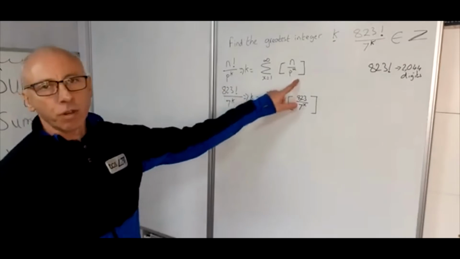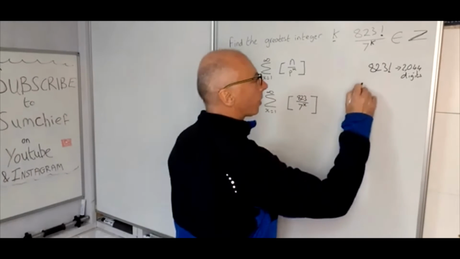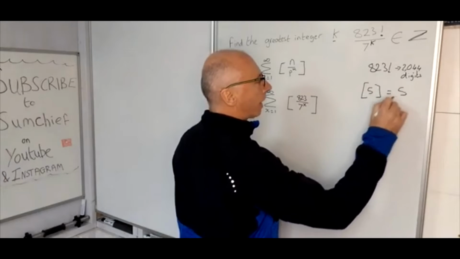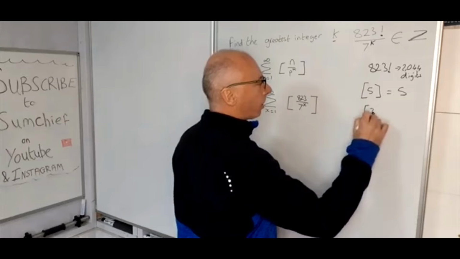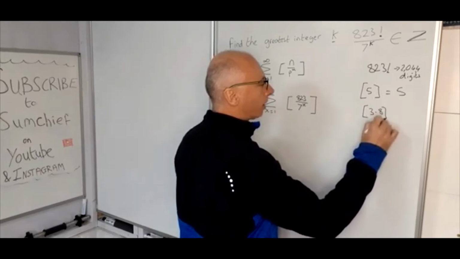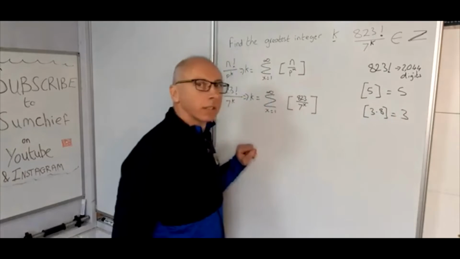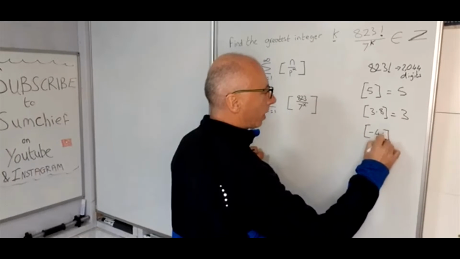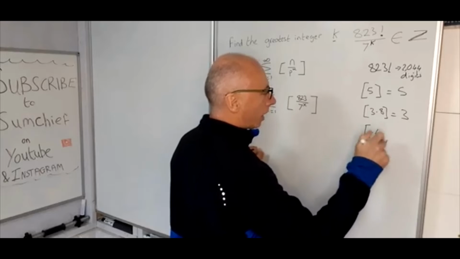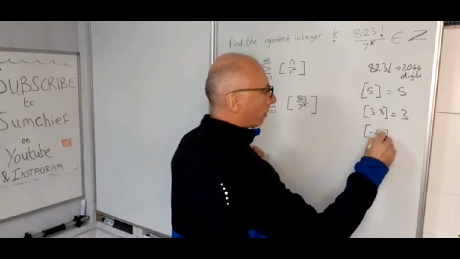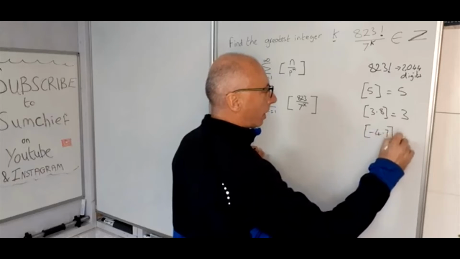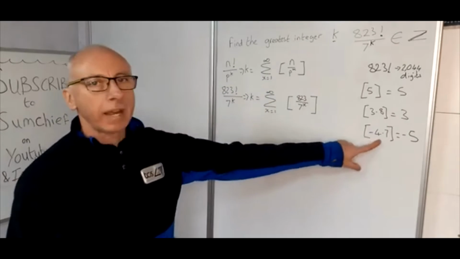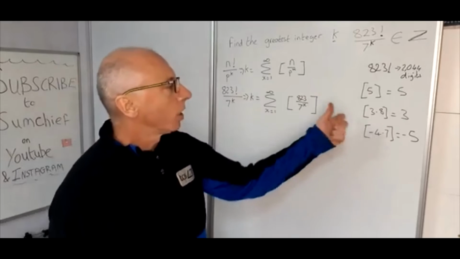And just to confirm this greatest integer function, the greatest integer of 5 equals 5. The greatest integer of 3.8 equals 3. And the greatest integer of minus 4.7 equals minus 5, because we're moving down from minus 4.7 to the lower number.